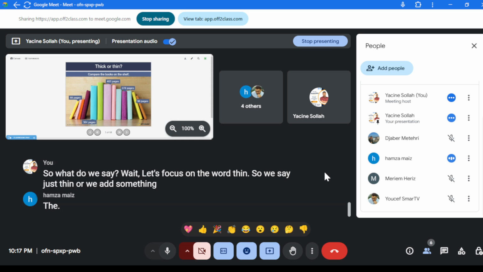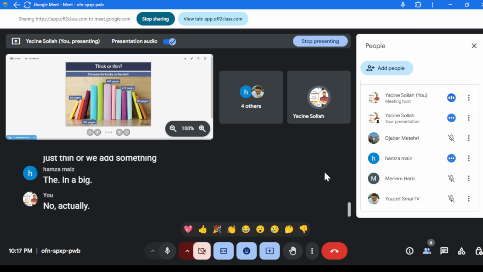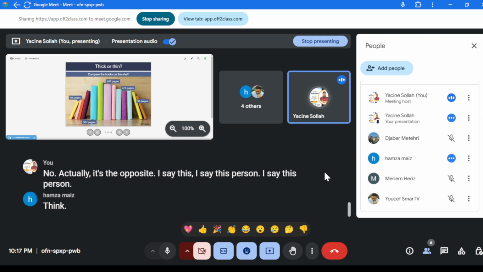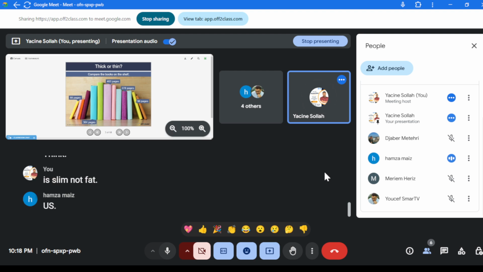Thin, it means big? No, actually, it's the opposite. I say this person is thin. It means this person is slim, not fat. The opposite is fat, thick. Exactly. So I mean the correct use of thin. So what do we say?